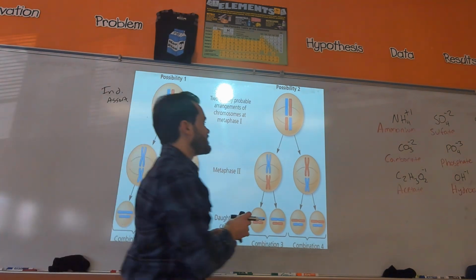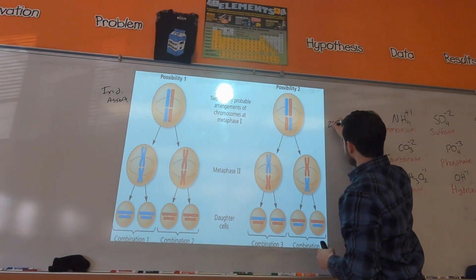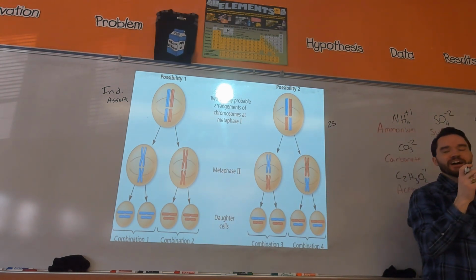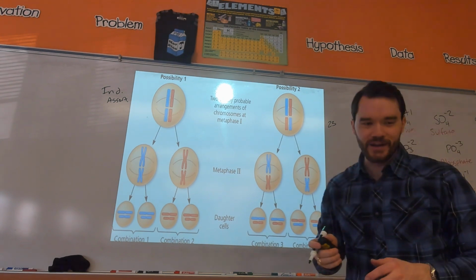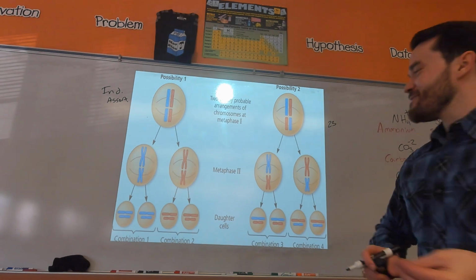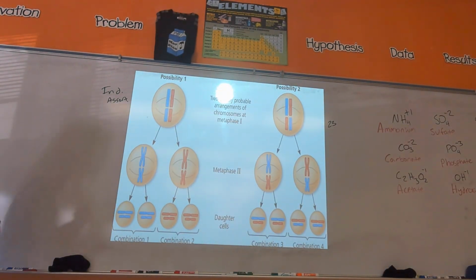For humans, we have 23 chromosomes. So if you look at basic probability, let's say I flip a coin. If I have a coin, there's two probabilities. It could be heads or tails.